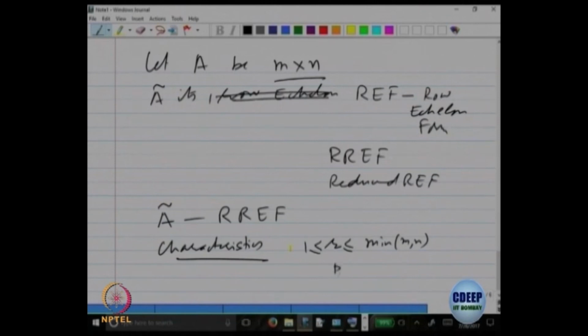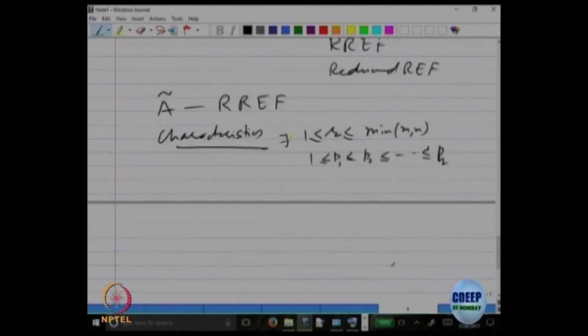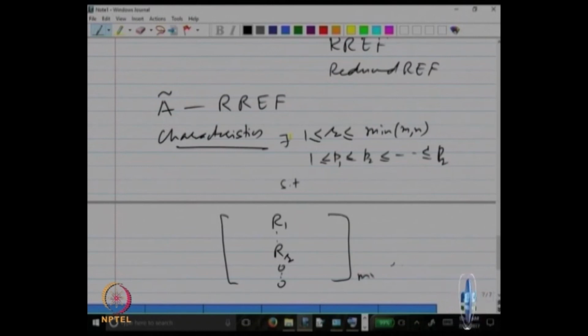And there are numbers P1, P2, up to Pr, as many as r, such that the matrix looks like R1, up to Rr, and 0, 0 everything. So this is m cross n.